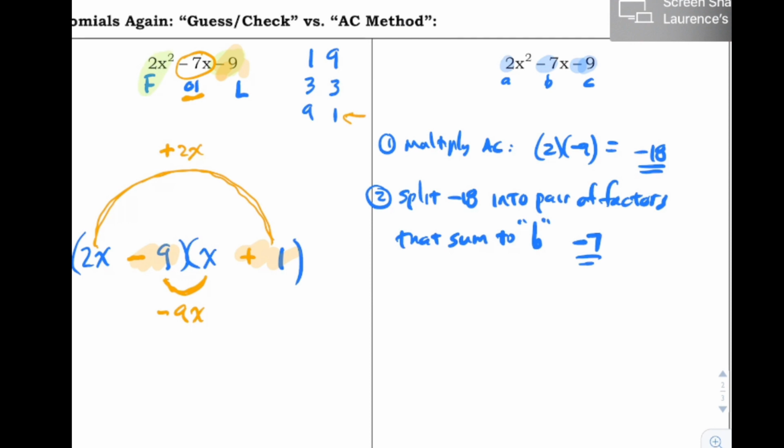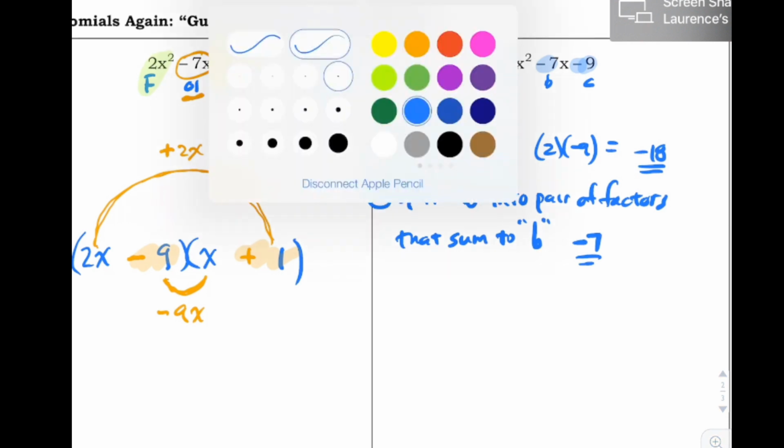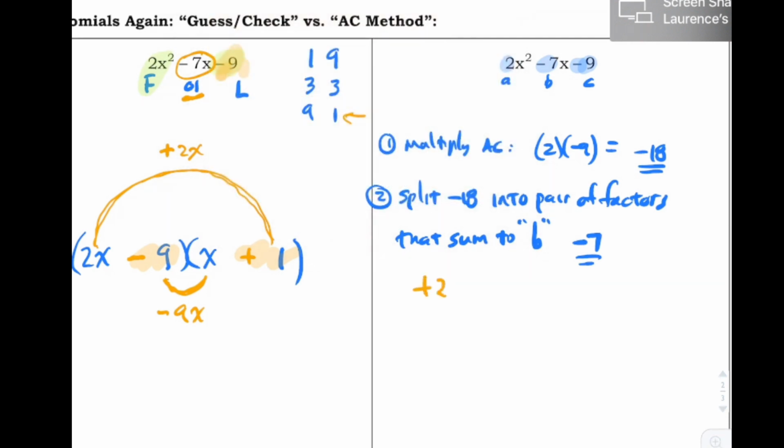Could be 2 times 9. Maybe it's negative 2 times positive 9. Maybe it's positive 2 times negative 9, and so on. And actually, I think I just hit on it right there, didn't I? So it's going to be a positive 2 times a negative 9. Positive 2 times negative 9 gives me negative 18, and when you add them, you get negative 7. So that's your magic pair.